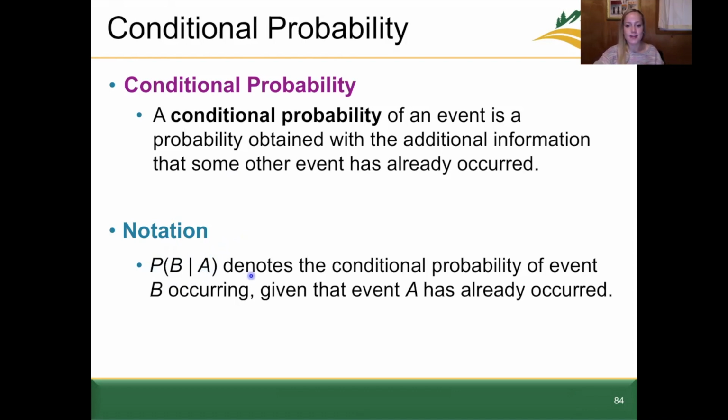This denotes the conditional probability of event B occurring. Right? For the multiplication rule, we had to assume that event A had already occurred. So you have seen this notation before for the multiplication rule. Here, we're going to use this notation explicitly when talking about conditional probability.